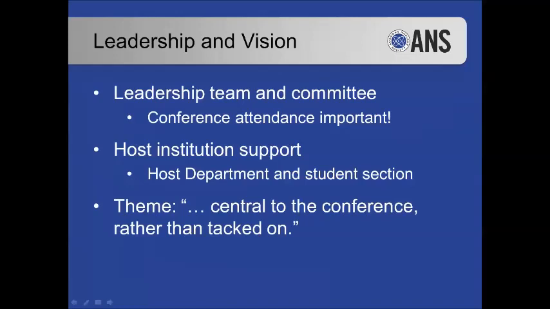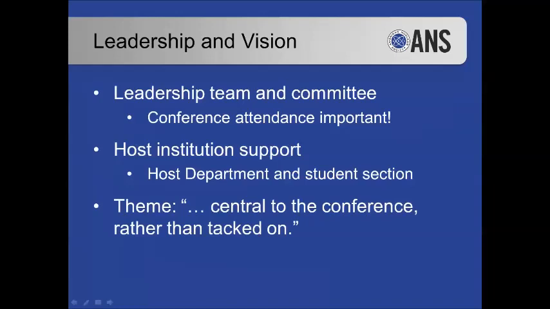Another key to hosting a successful conference is getting host institutional support. That means not only talking to your host department and trying to get them on board, but also trying to get support from the college level, or even the university level, depending on the structure of your host institution.